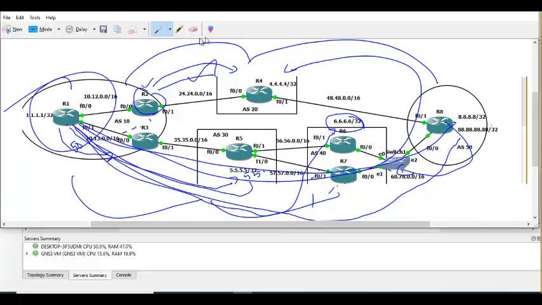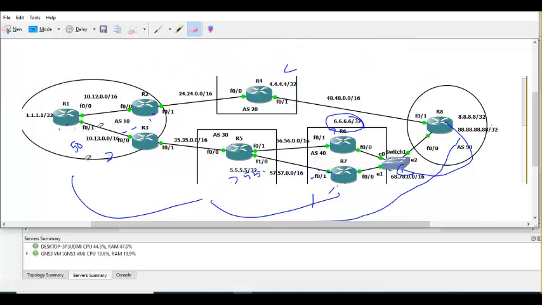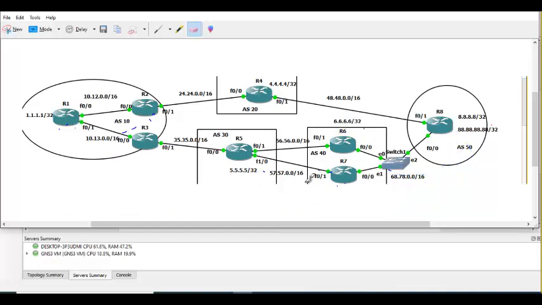Will there be any change in the routing table of R2 if I change the weightage in R1?